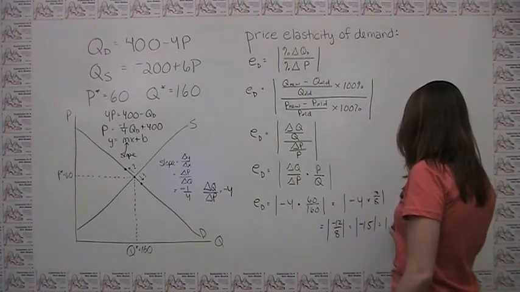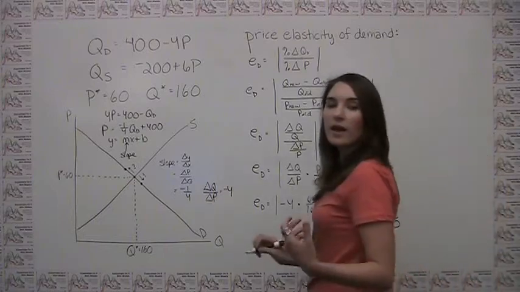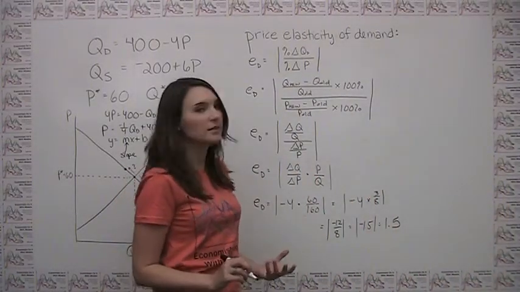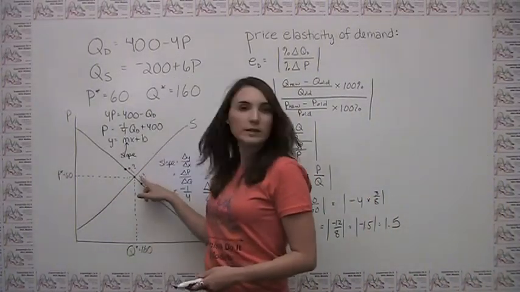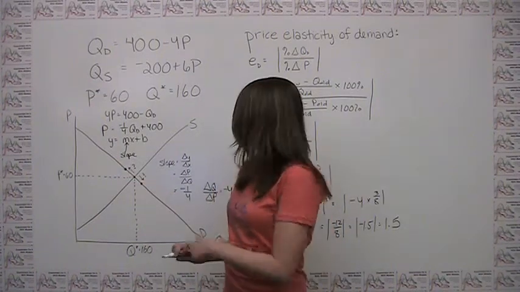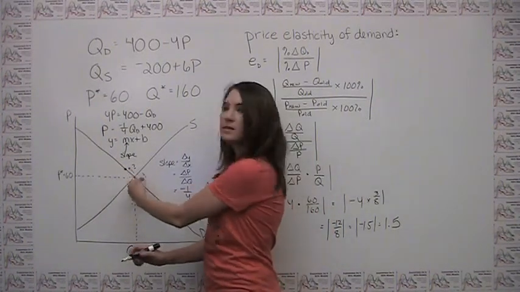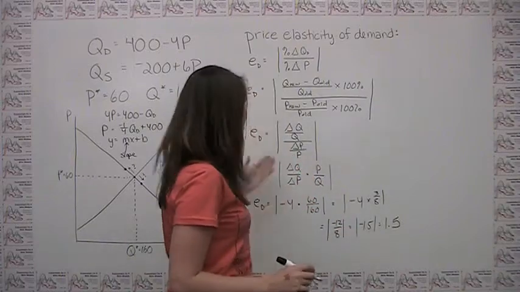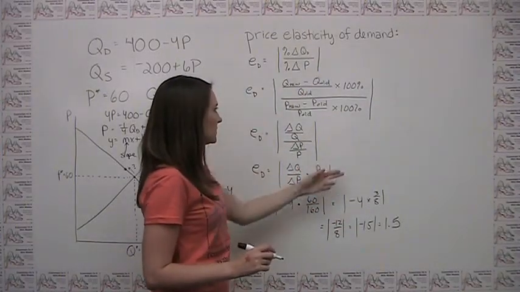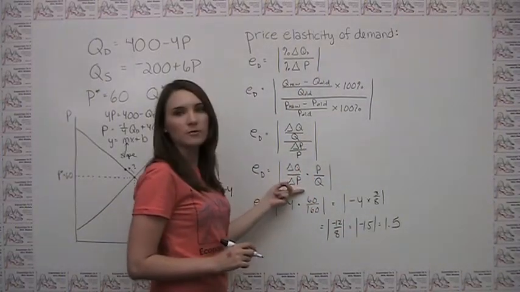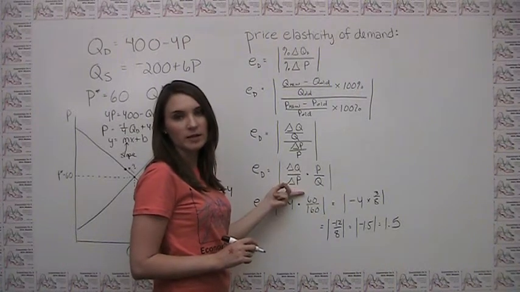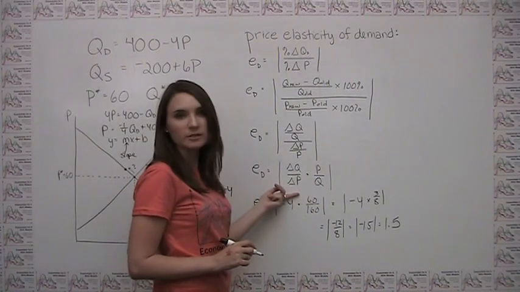So we just get 1.5 as our price elasticity of demand at this equilibrium point. Notice here we didn't have to artificially construct a second point because we could use the algebra that we did here to solve for the slope of the line and just plug that in at this point in the equation.